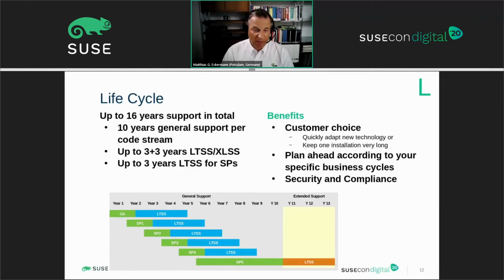It is up to 3 years for what we call LTSS, but beyond this, we listen to our customers and have introduced an option called Extreme Long-Term Service Pack Support, so that with a specific set of services that you may talk to us about, you can get reactive patches on your code stream. Also, we deliver up to 3 years of long-term service pack support for every service pack.